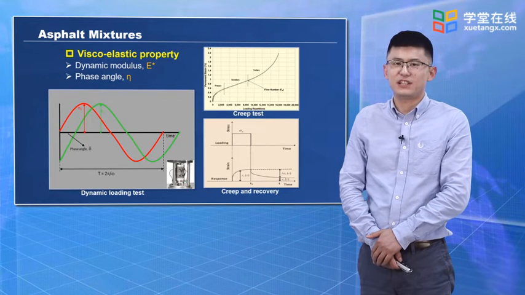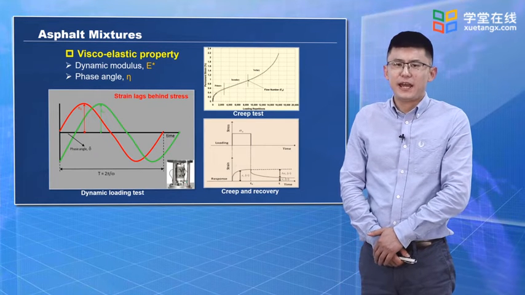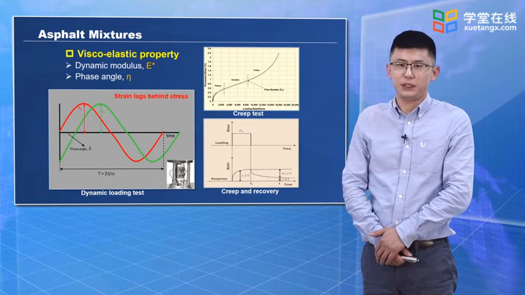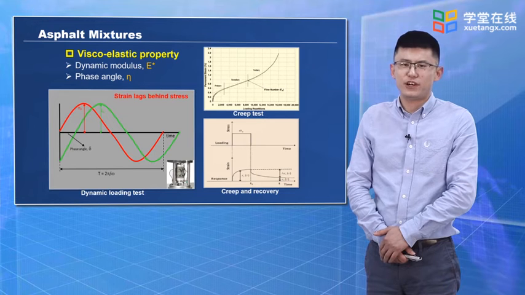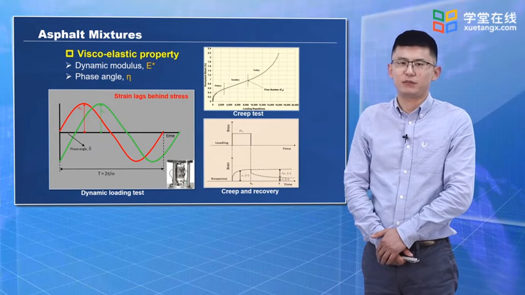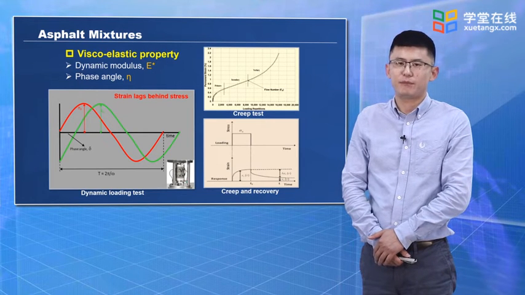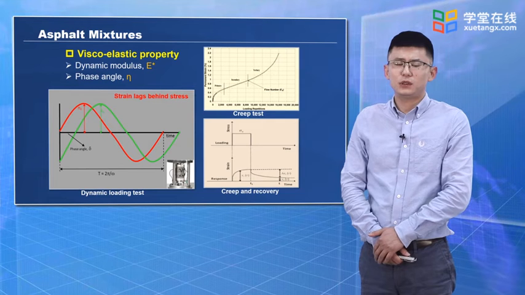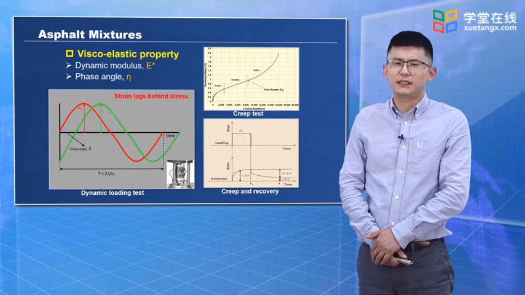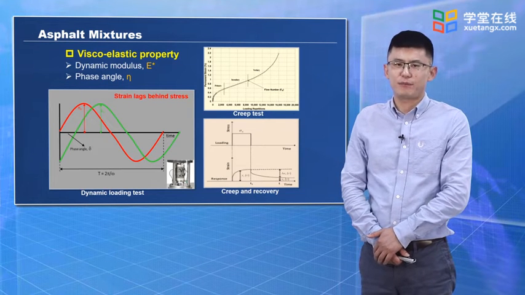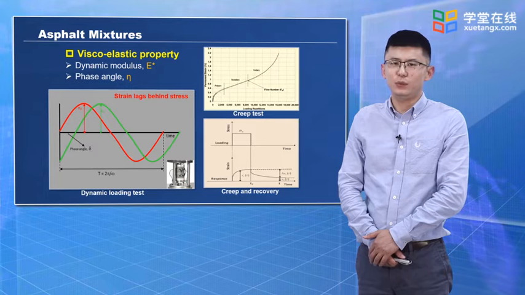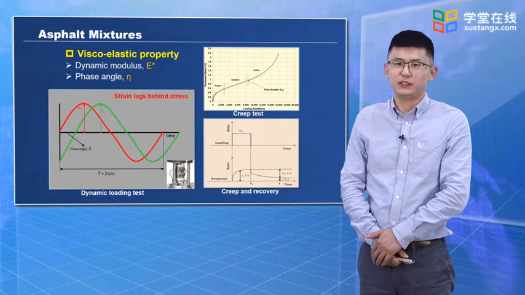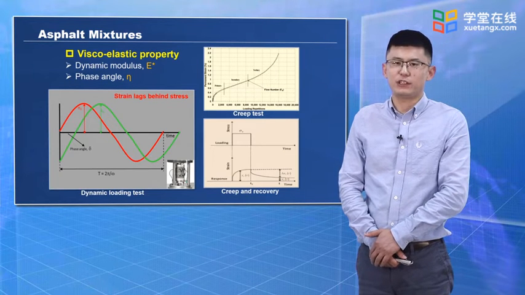We can see very clearly that the strain lags behind the stress. This is a very important and unique property of the viscoelastic material. So what does this mean? It means that if we apply a load, at the beginning there is no deformation response, and after a while we have a deformation.